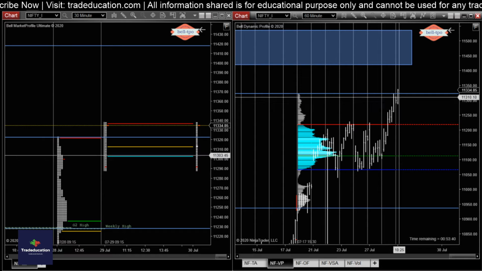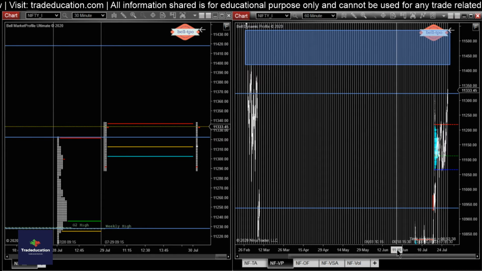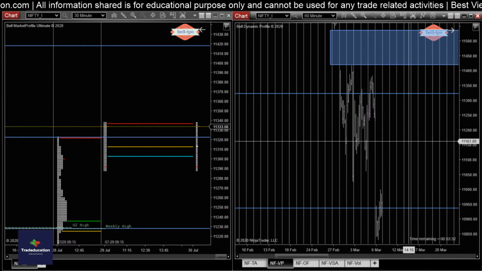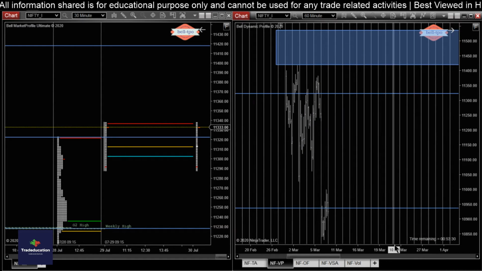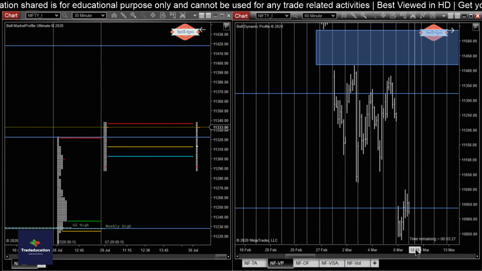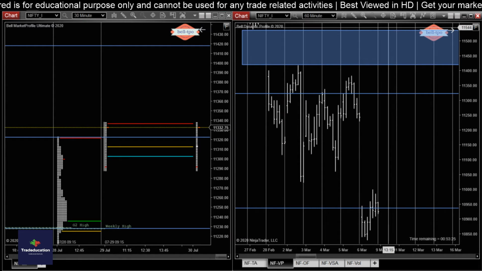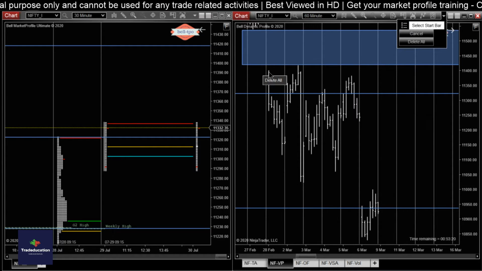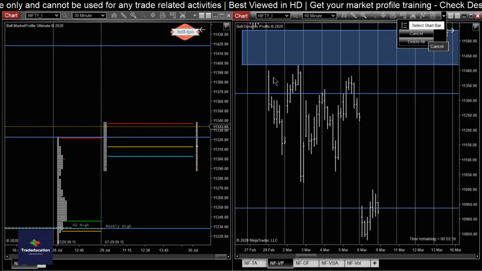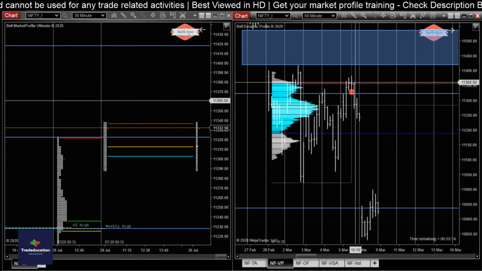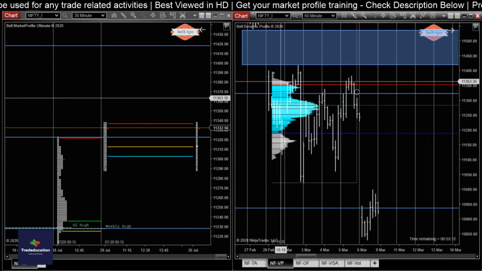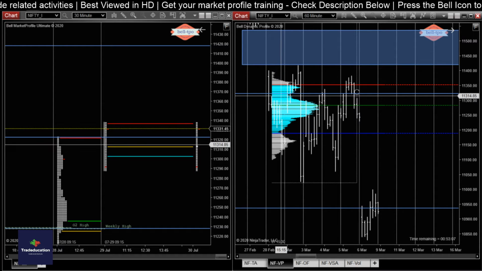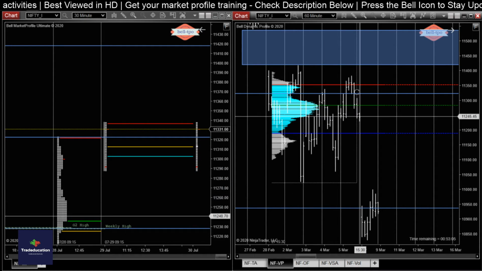If we jump back to the volume chart, nothing much. So what is this area? So I'm just drawing another volume profile chart.